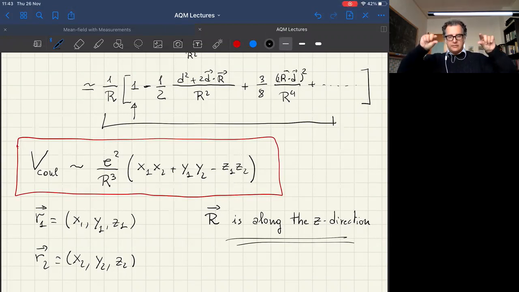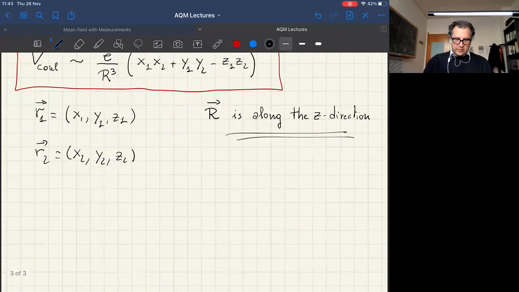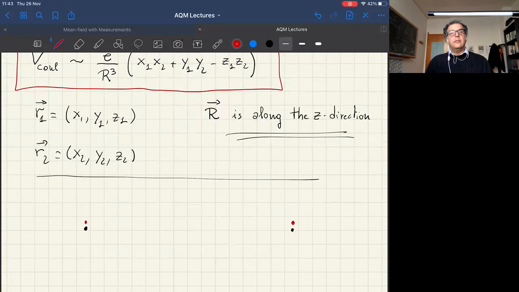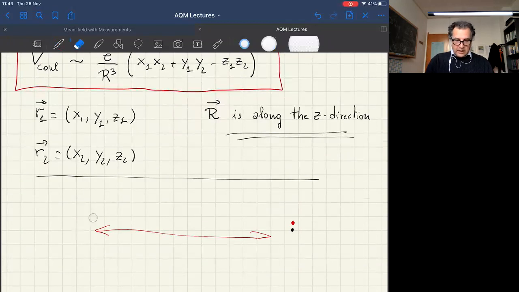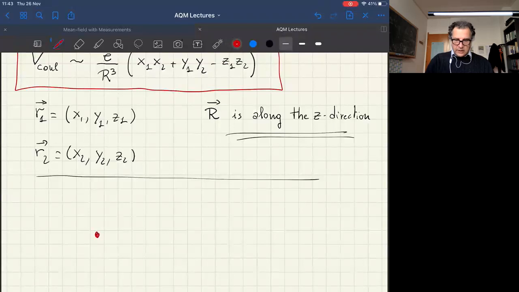Say I take 4 charges, for example. So let me draw it this way. Suppose that you have this situation. Is the multipole expansion valid if I consider this case? Yes, because this distance is much larger than this distance. Very good. So then I ask you to consider a different situation.